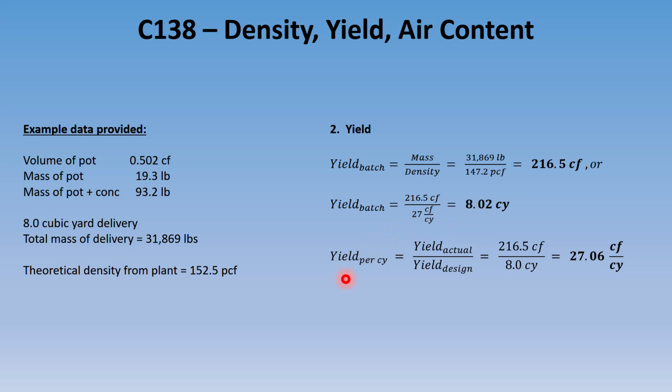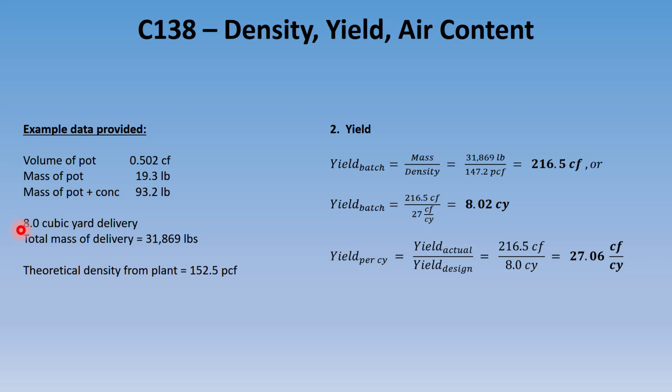So the yield per cubic yard is how many cubic feet are we getting per cubic yard, right? It's the actual yield divided by the theoretical or the design yield, right? And we determined the actual yield to be 216.5 cubic feet. It was an 8 cubic yard design batch, right?